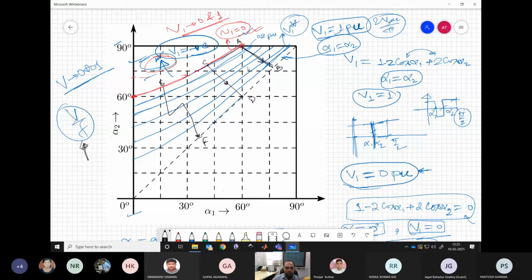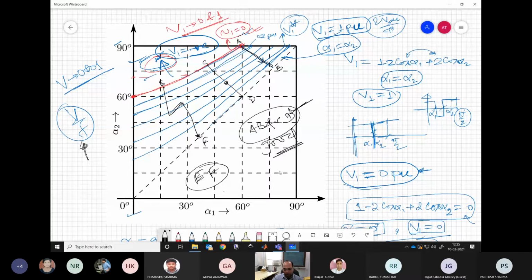Now, out of these three curves, AB and CD are good PWM techniques compared to EF. With EF, the problem is we are changing our modulation index, or our value of V1. Again, we are reducing and then we are increasing, which may not be a good thing to do for a motor.